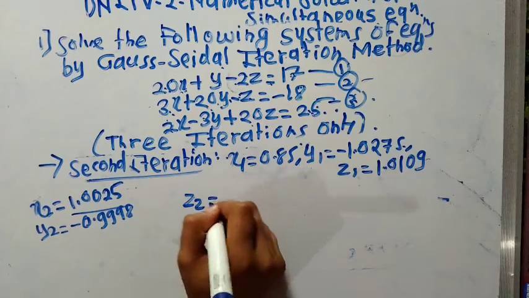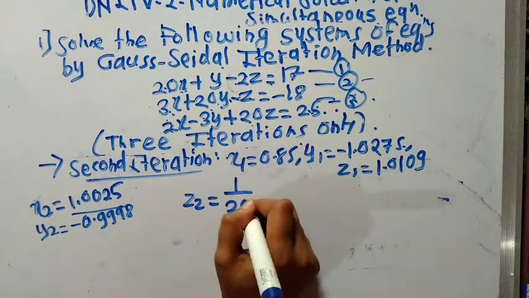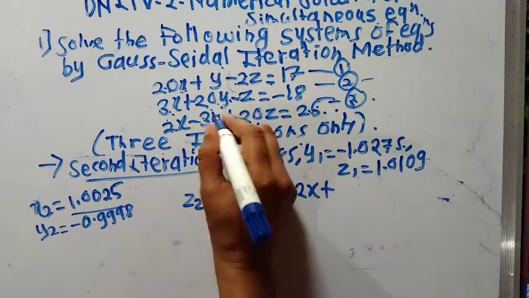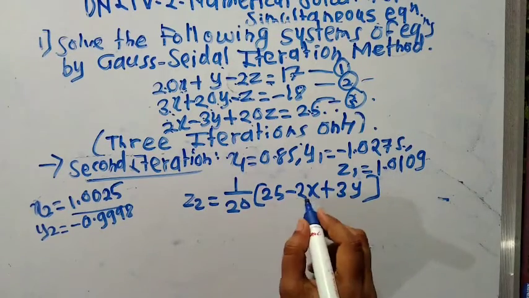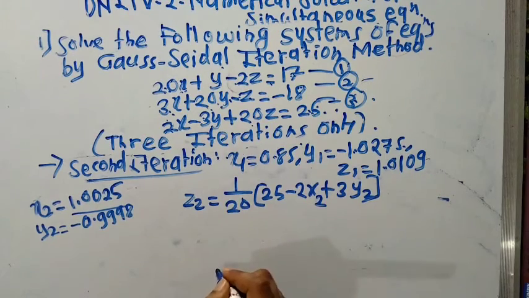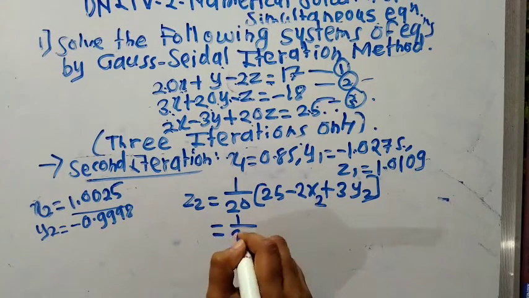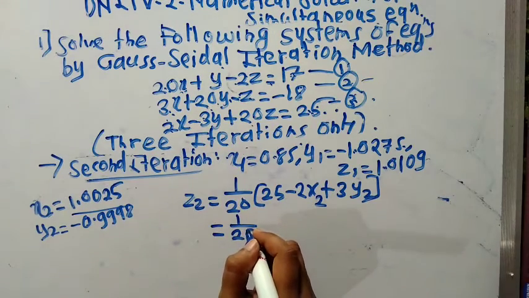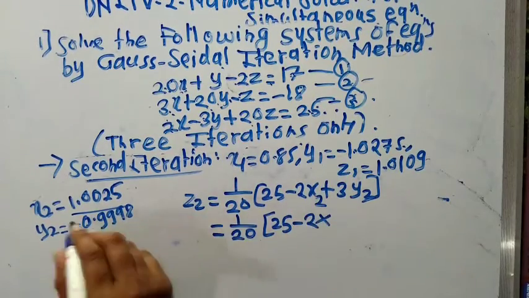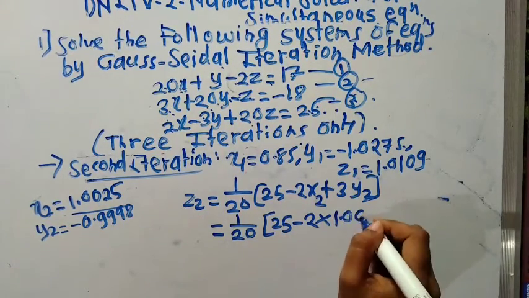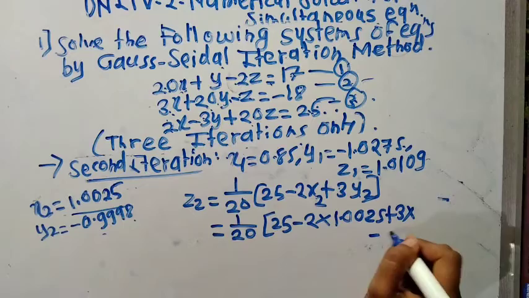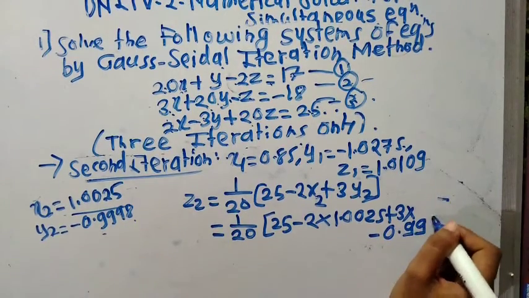So z2 from equation third, 1 divided by 20, 25 minus 2x plus 3y. Here we found the values x2 and y2. So 1 divided by 20, 25 minus 2 into x2 is 1.0025 plus 3 into y2 is minus 0.9998.